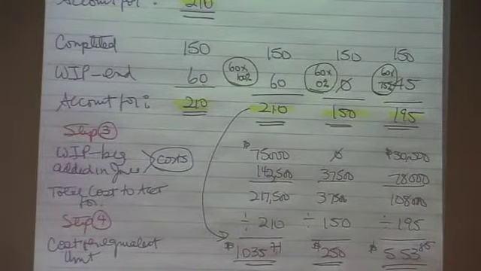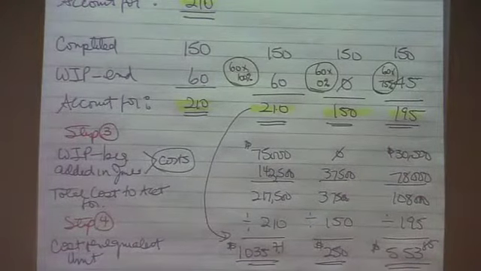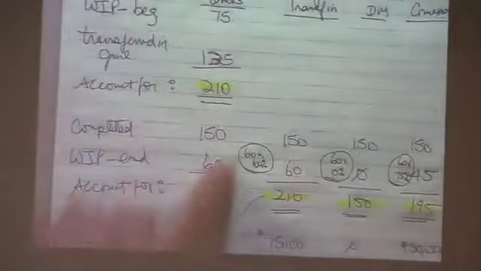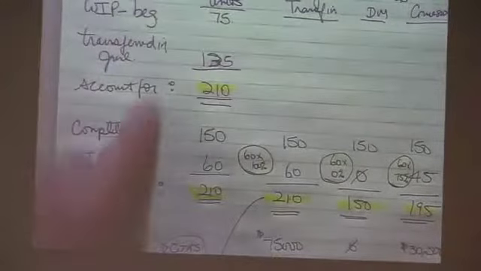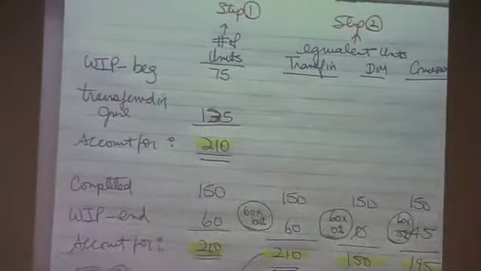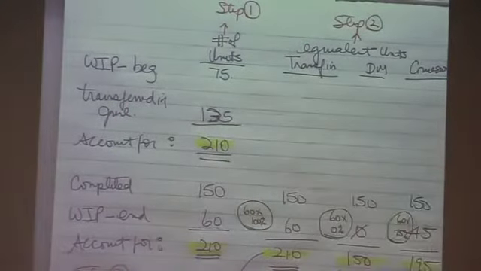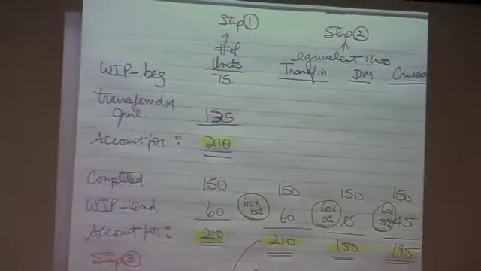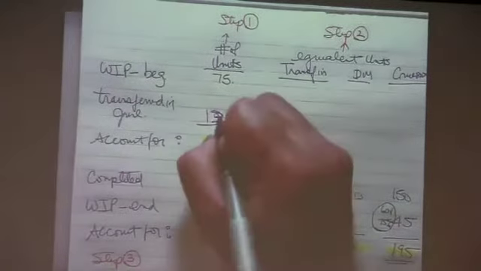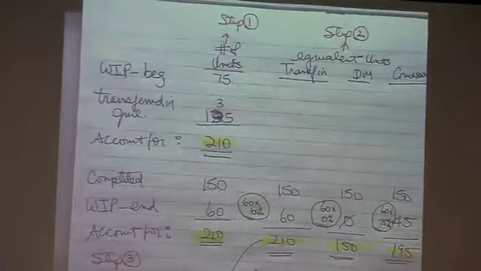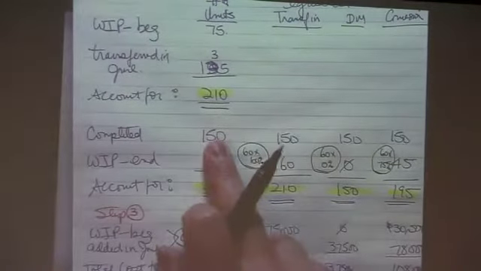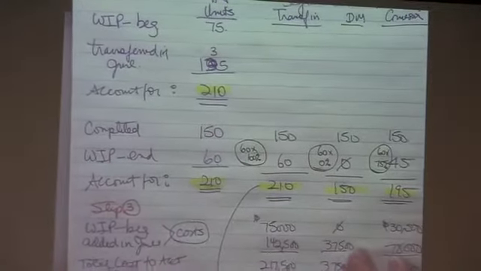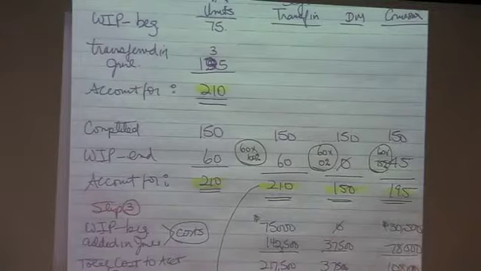So in step 4, let me recap. Step 1 requires us to analyze the flow, what's going on with the actual flow of goods. We started with 75, we added 135. And then we know that 150 was completed, and 60 is still in work in progress.